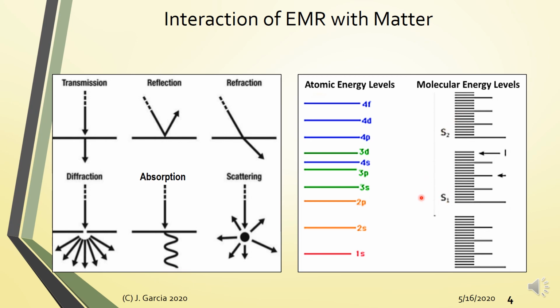But no matter what, the requirement for the promotion of an electron from a lower energy level to a higher energy level is that you have to excite that electron with energy from electromagnetic radiation equal to the difference in the energy levels between the lower state and the higher state. That's the requirement. And that's when we say that the energy is quantized, for atoms or for molecules alike.